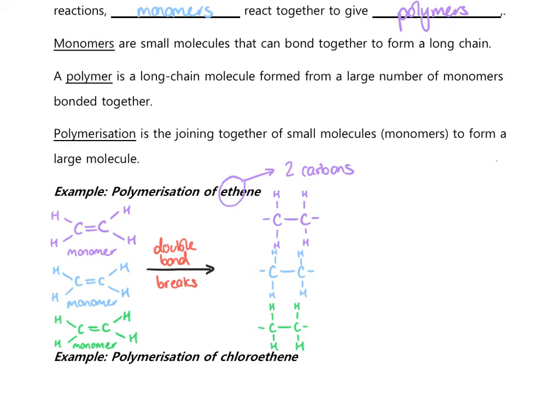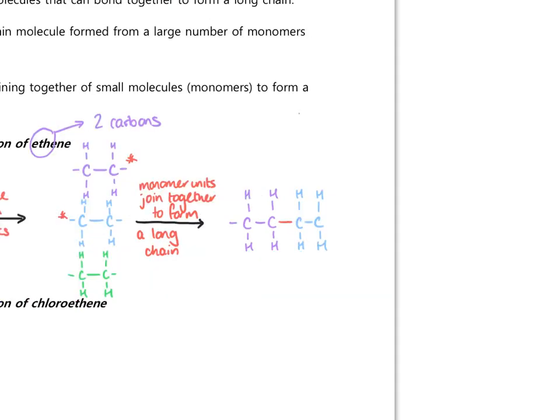What happens now is that these individual units join up and form a long chain. So remember I said there was almost half a bond at either side of the carbon atom ready to form a bond with another half bond. And well, that's essentially what happens here. So if you can imagine this half bond here joining up with this half bond to make a full bond. So what we've drawn here is our first 2 units joined together now by a full bond.